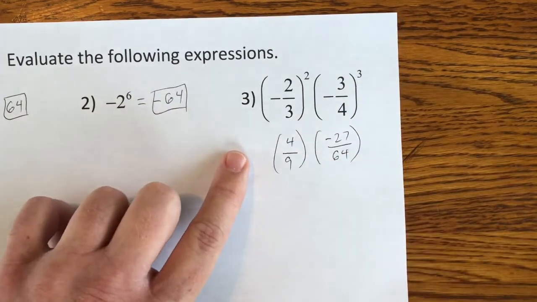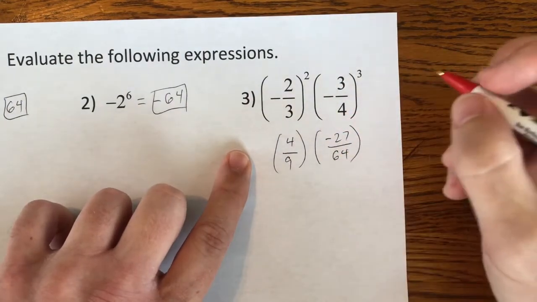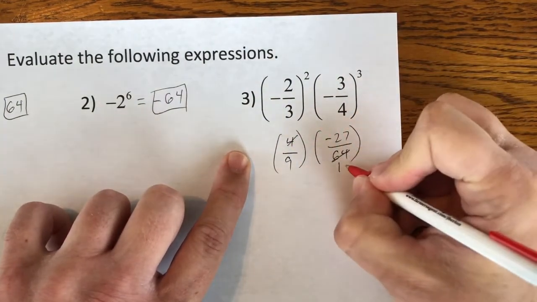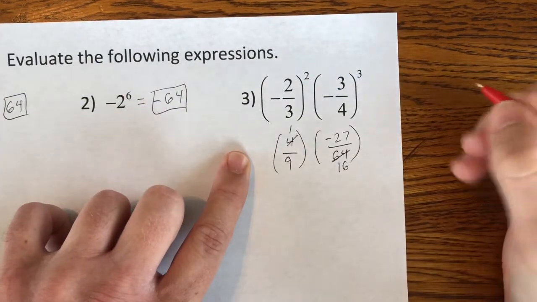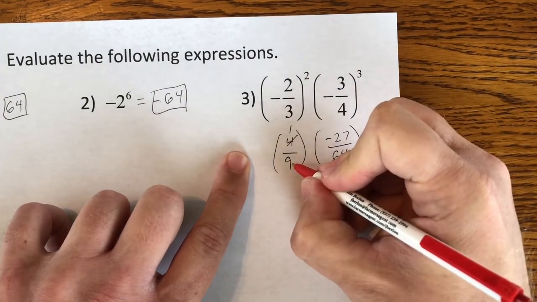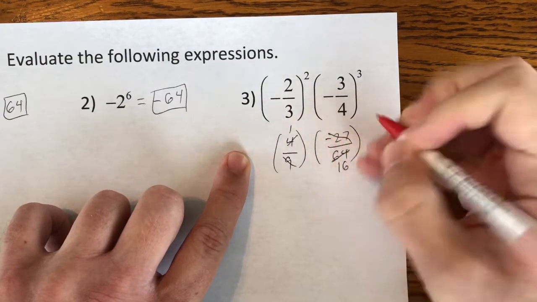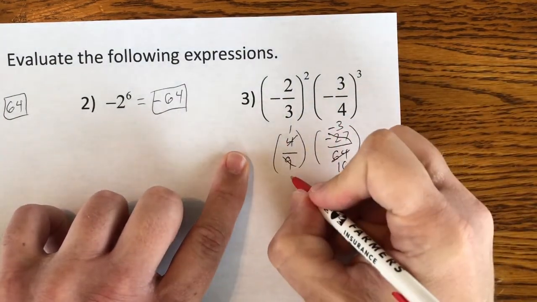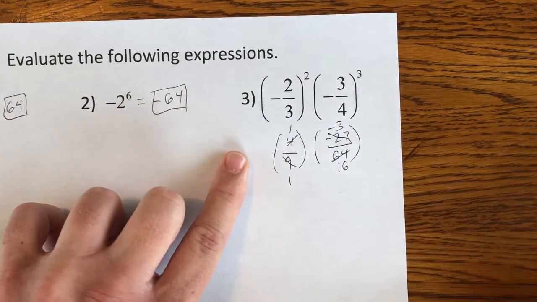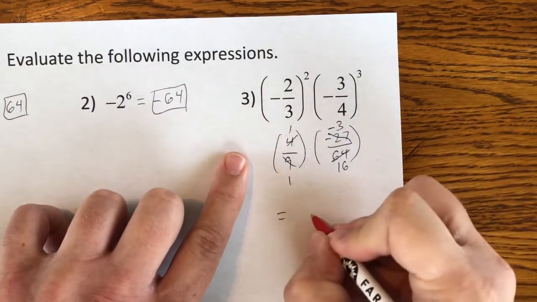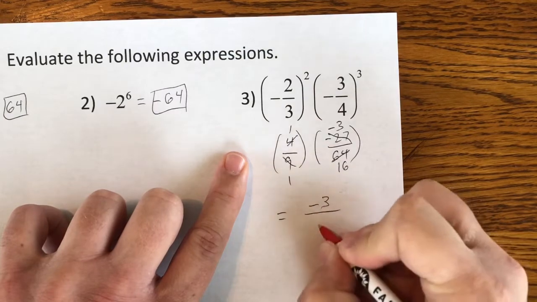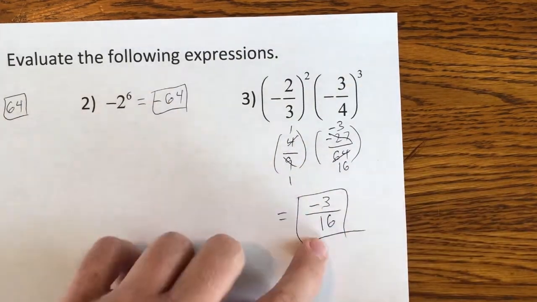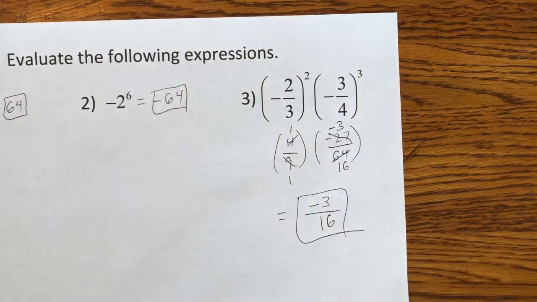And if you really wanted to, you could reduce here. 4 goes evenly into 64 16 times. 9 goes evenly into -27, -3 times. And so your final result is -3/16.